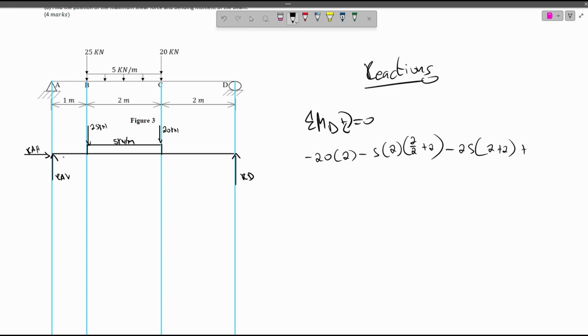And then our reaction at AV, our RAV is going clockwise. Then we have our RAV times 5, that's equal to 0.